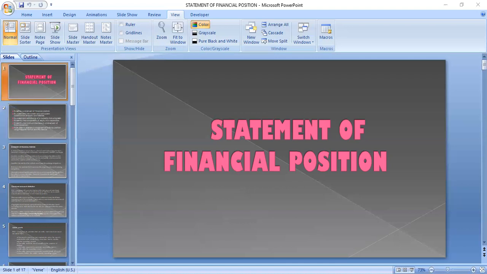Now, with these objectives in mind, we have to achieve them after discussing the chapter. So the statement of financial position is a formal statement showing the three elements comprising financial position: assets, liabilities, and equity, which would be either owner's equity or stockholders' equity.